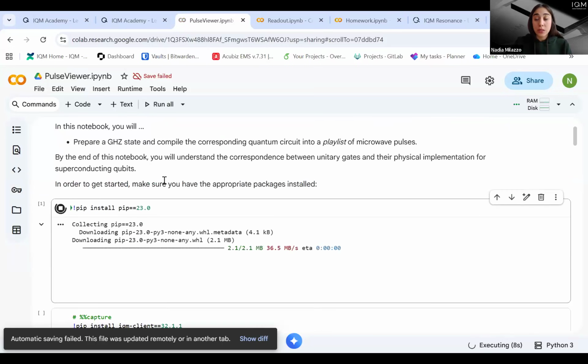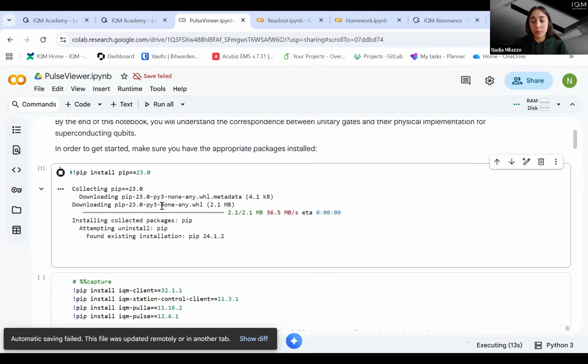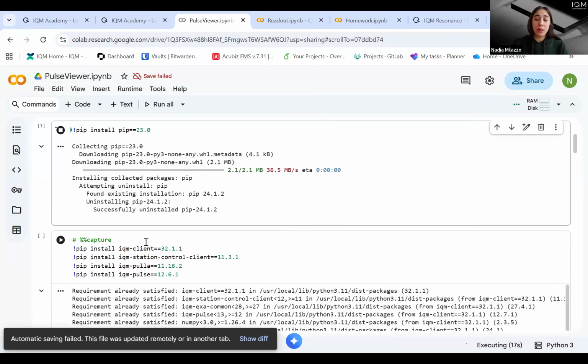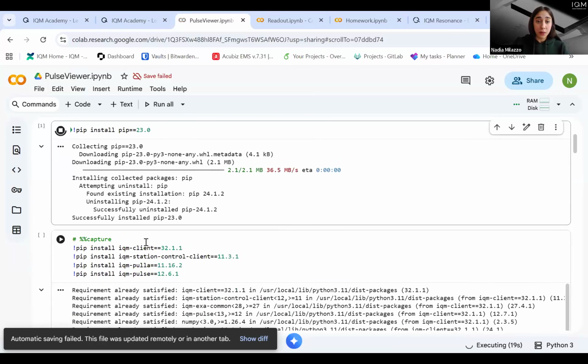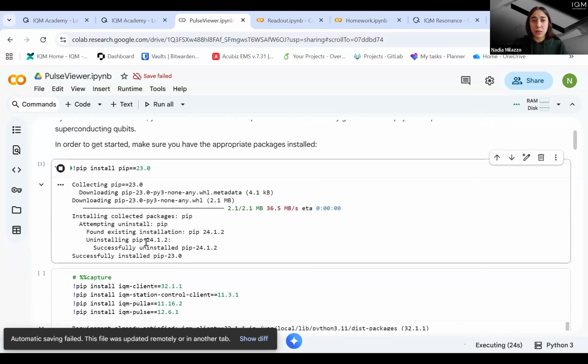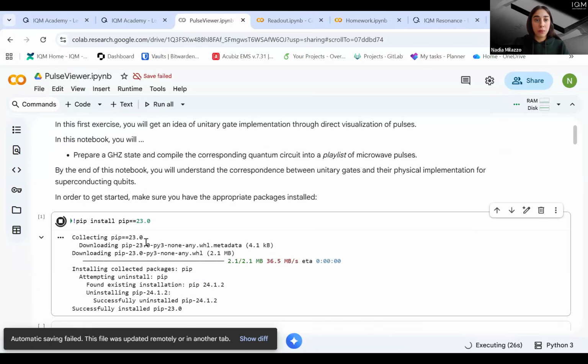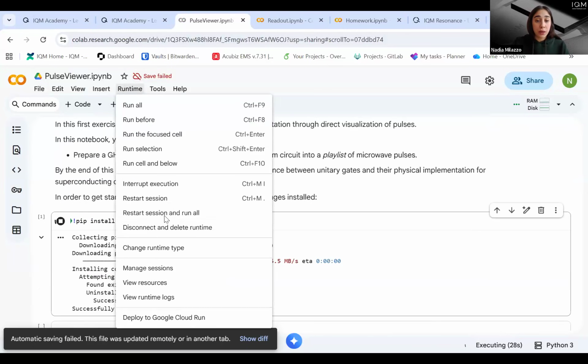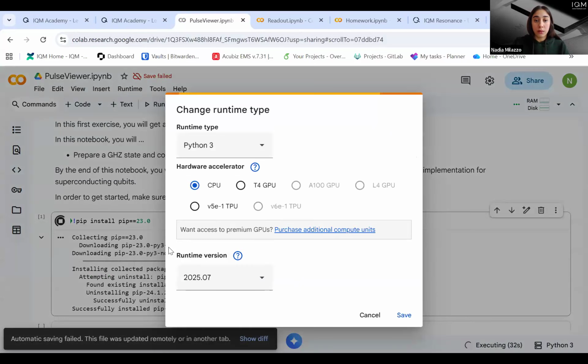Okay, so just to give you a heads up, I will have to restart actually my runtime twice because once for this cell and once for the other cell. So if this happens to you, that is normal, I would say. And I didn't check my runtime, but it should be already the good one.